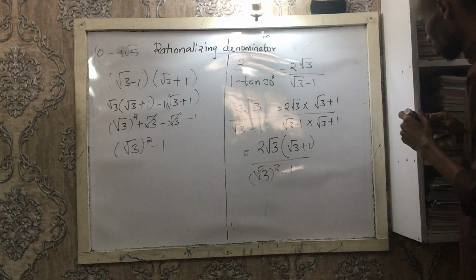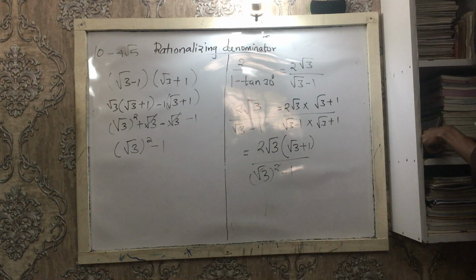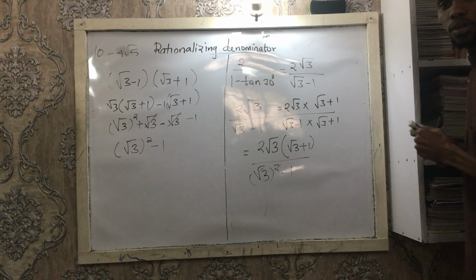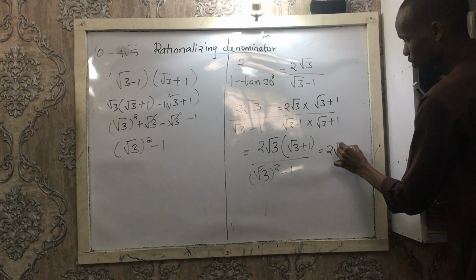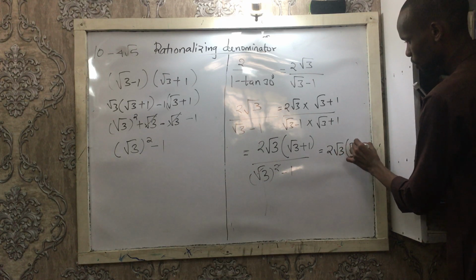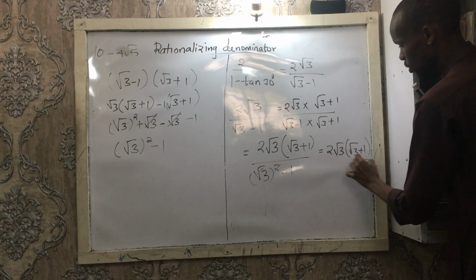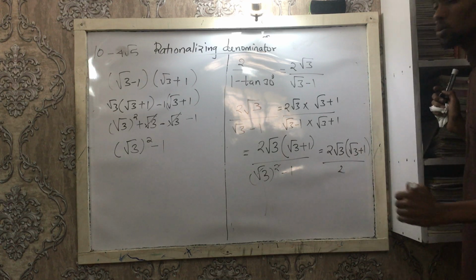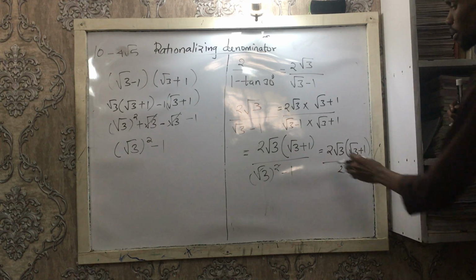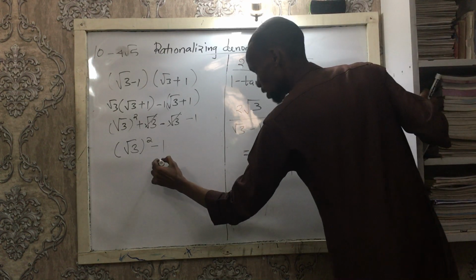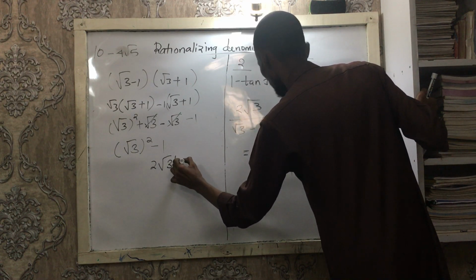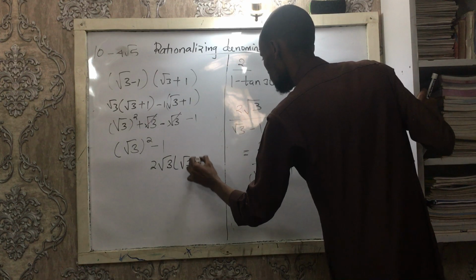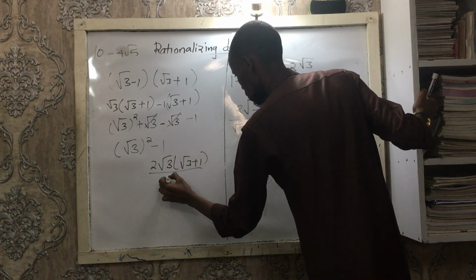So that we can have what? We can have 3 minus 1, right? Yeah. So we'll have 2 root 3 into bracket root 3 plus 1 over 2, right?